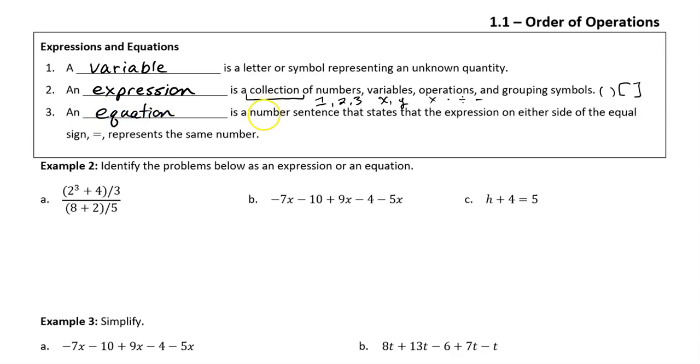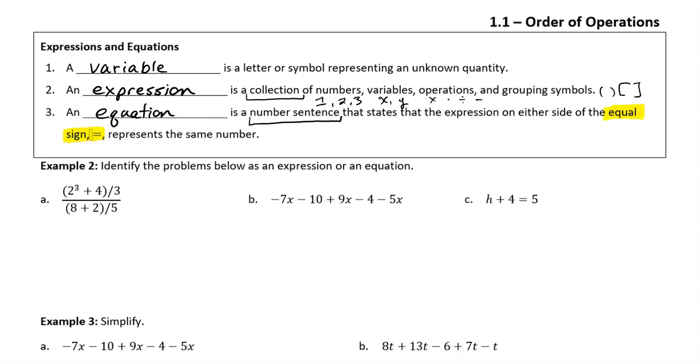The third definition, we're going to say an equation is a number sentence that states that the expression on either side of the equal sign, in fact, I'm going to highlight that, equal sign represents the same number. While an equation is made up of numbers, variables, operations, grouping symbols, the difference between an equation and an expression is that I have this equal sign.